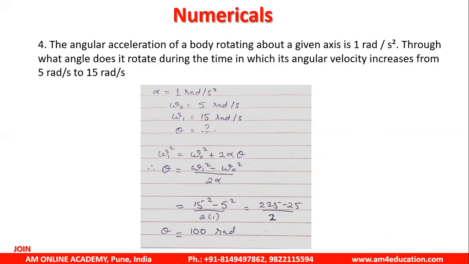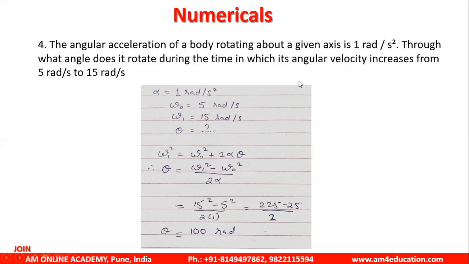See, the body is already rotating about its axis, and its angular acceleration is 1 radian per second square. So since there is acceleration, the speed is continuously going to increase. Now, through what angle does it rotate during the time in which its angular velocity increases from 5 radian per second to 15 radian per second.